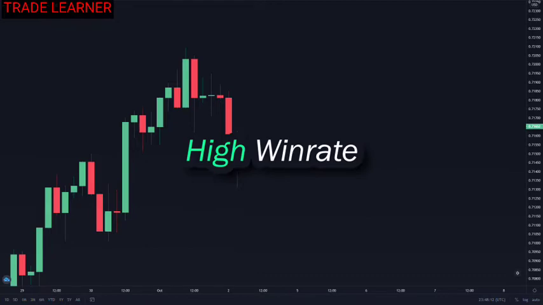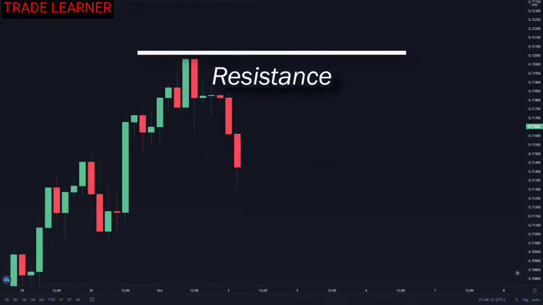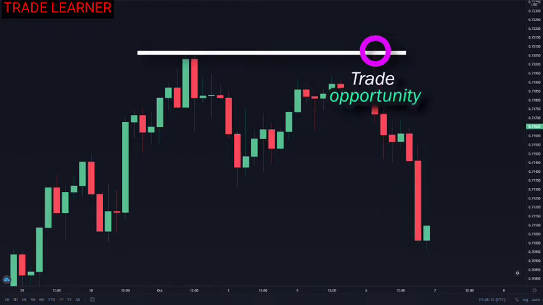Like in this example, in this chart, we can spot that there's an area of resistance here as prices went up to this level and reversed downwards. So the next time price hits this level again, there's a high chance that it's going to reverse downwards again. And so this can be a possible trade opportunity.